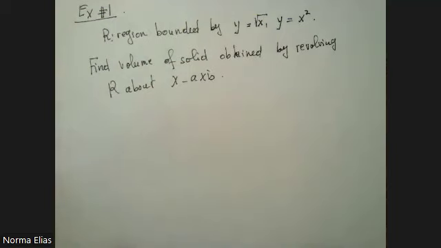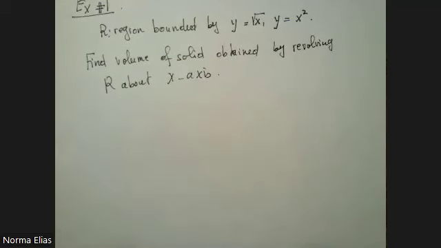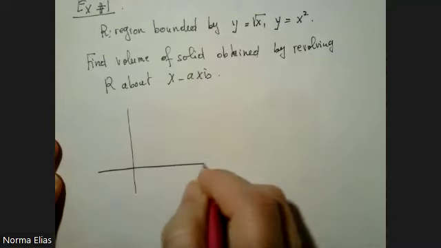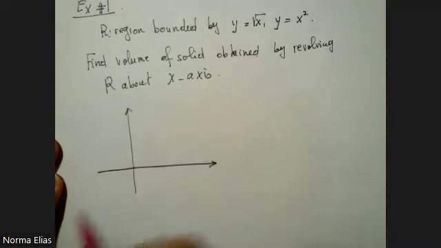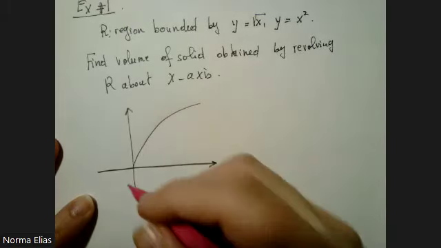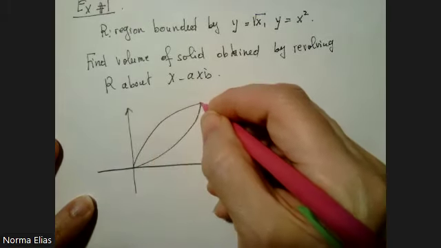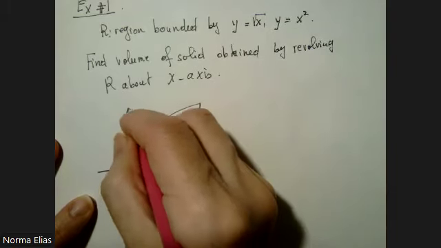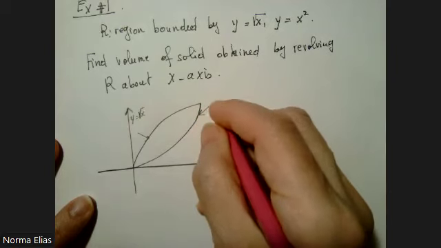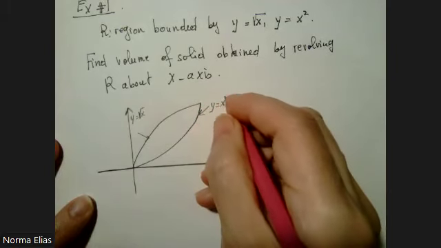Step number 1, as always, has to be sketching the region. So we're going to sketch the region. Okay. y equal root x, all of you know it by now. y equal x squared. So this is y equal square root of x, and this is y equal x squared.